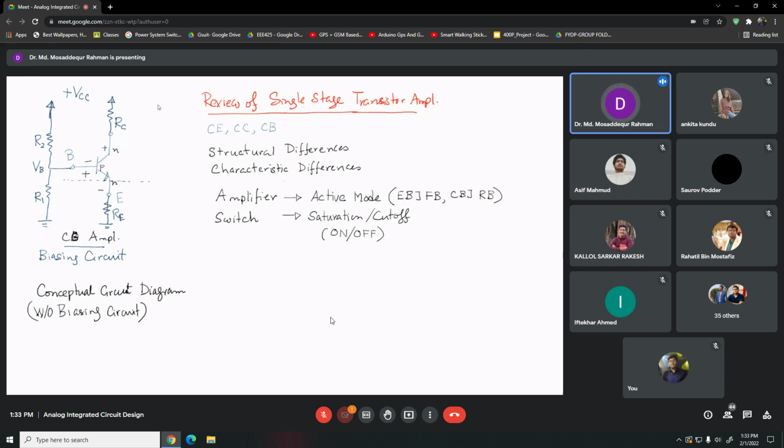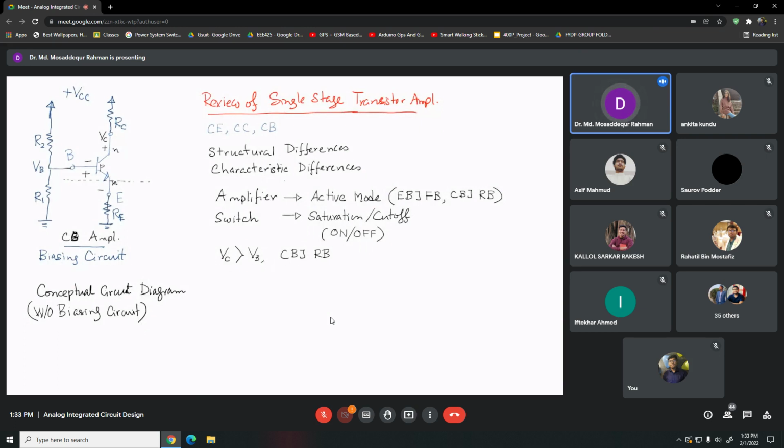And one thing we need to ensure here: this is our VB here. Sorry, VC is the voltage. In order for this junction to be reverse biased, VC has to be greater than VB. That means this collector base junction will remain reverse biased.